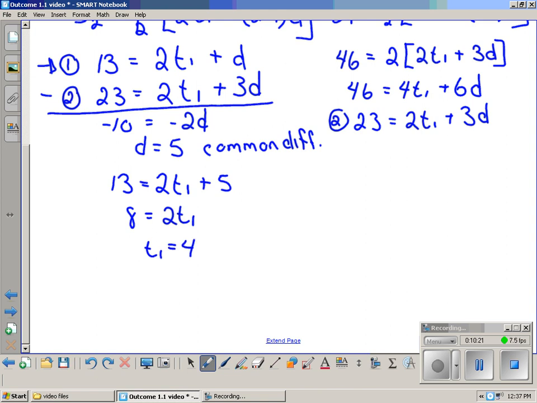The question asked me to write out the first 6, so my first term is 4. To get the second term, I need to add 5. I get 9. Add 5 again is 14, 19, 24, and 29. So this is written as a sequence. As a series, there would be plus signs in between.